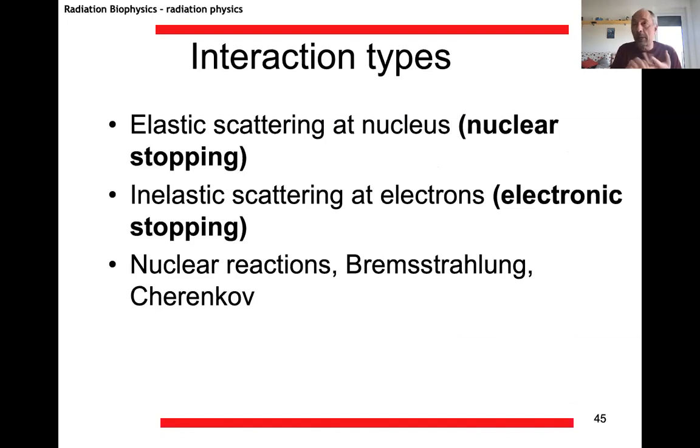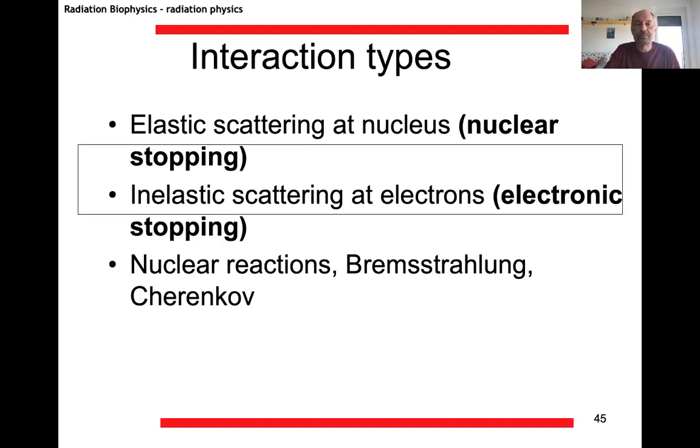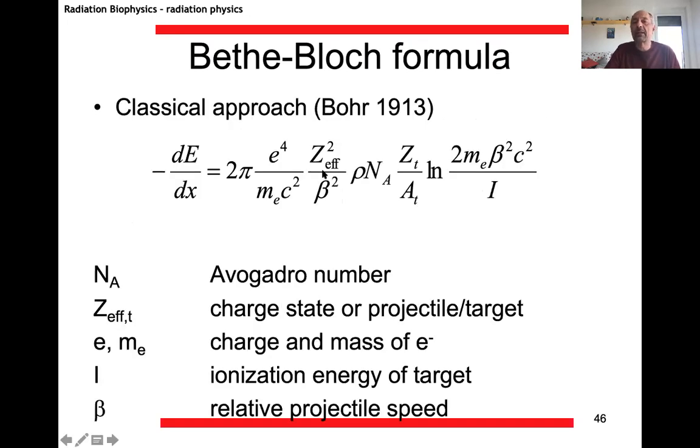And then you can have nuclear reactions, like fragmentation if you have a heavy ion. You can have Bremsstrahlung, but we saw already that Bremsstrahlung is very insignificant, and also the production of Cherenkov light can be very spectacular, but is not important in terms of energy loss. So we will mostly focus on the inelastic scattering here.